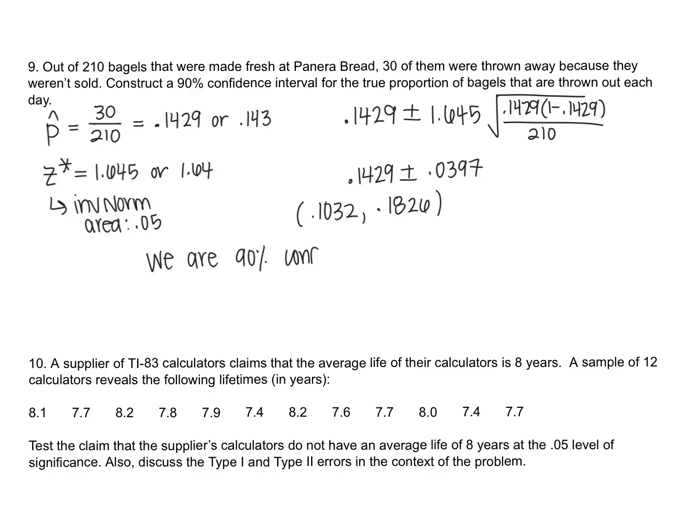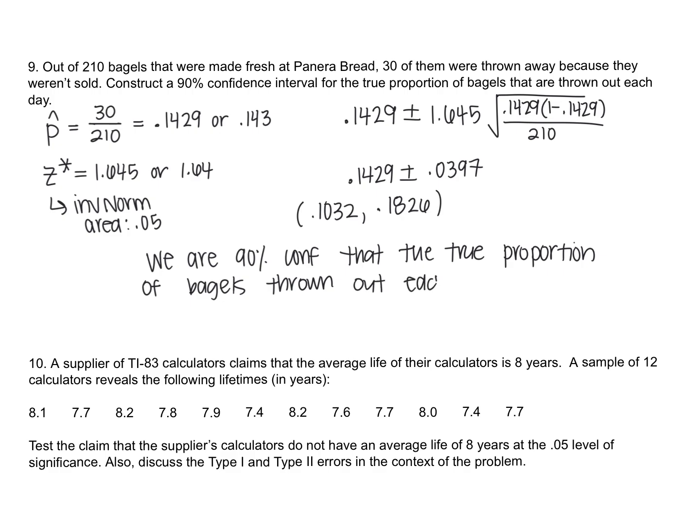Then for our interpretation, we are 90% confident that the true proportion of bagels thrown out each day is between 0.1032 and 0.1826.